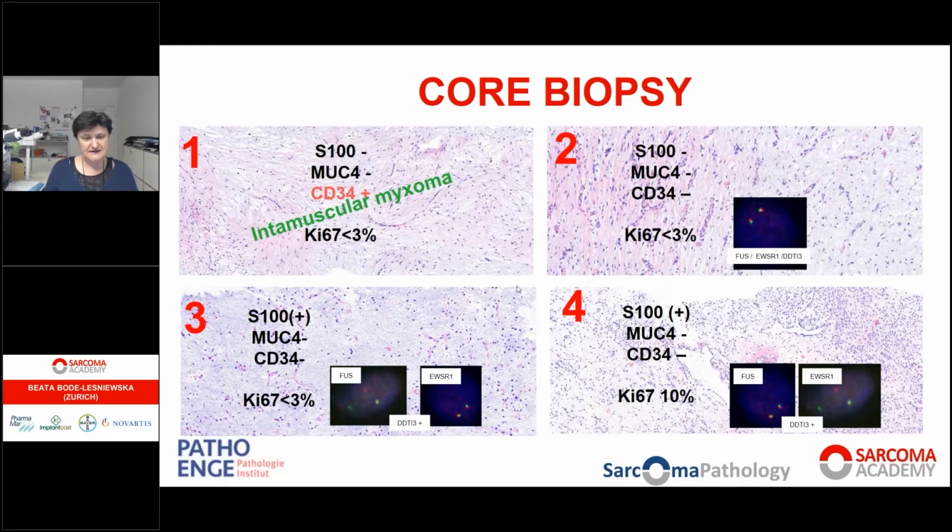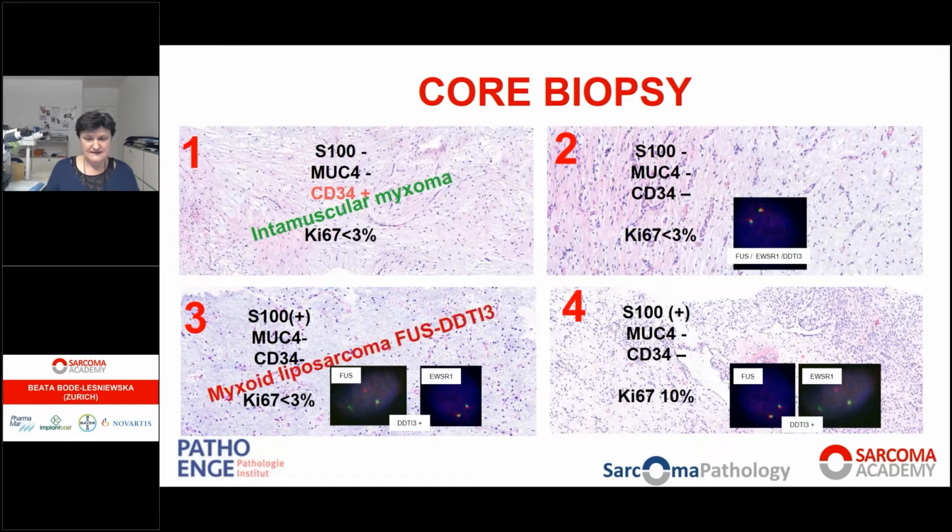And as you can see here, the second tumor is negative for all gene rearrangements which occur in myxoid liposarcoma, while the two lower tumors, tumor 3 and 4, seem to contain the DDIT3 translocation, one accompanied with the translocation of the FUS gene, the other one with the translocation of the EWSR1 gene.